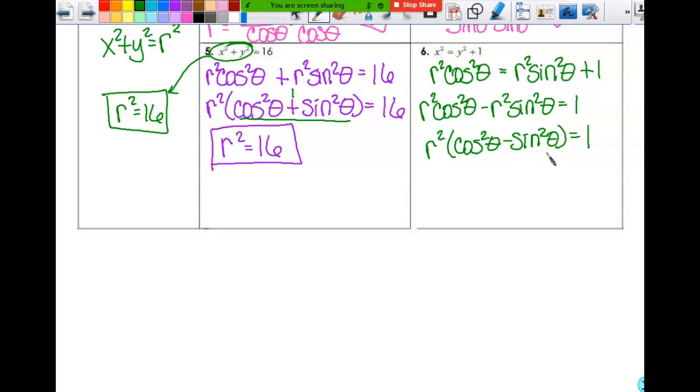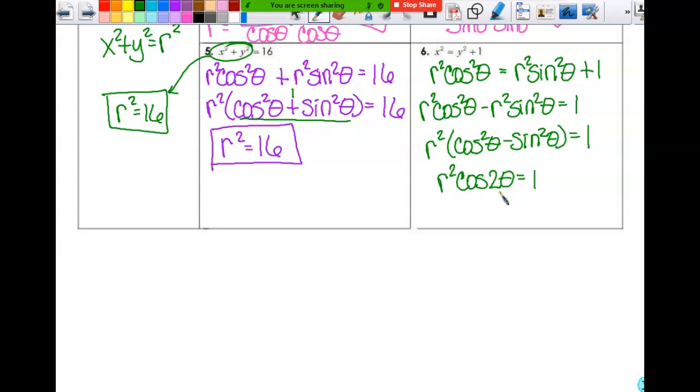But is that on there with something that's familiar? What is it? The double angle. Very good. And which double angle is it? Cosine. Good. So it's that first cosine of a double angle. So we'll get r squared times cosine 2 theta equals 1. Remember, that's not any magic right there. No magic, no memorization. It's from your reference materials, from our double angles that we did.